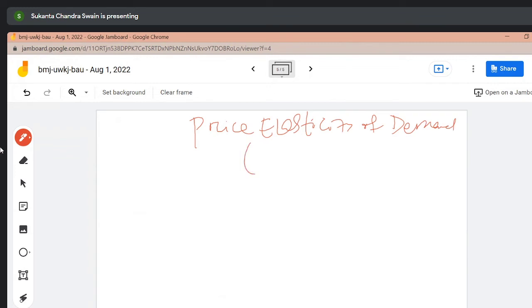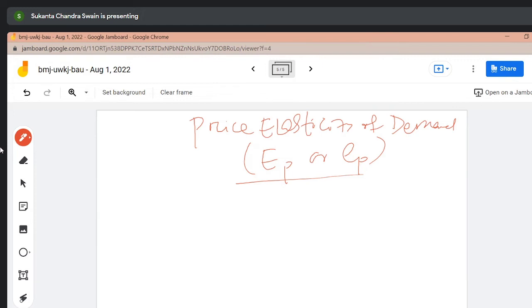It is denoted as EP, capital EP, or small e. Definition we have already given: degree of responsiveness of demand for a commodity due to change in the price of the commodity.